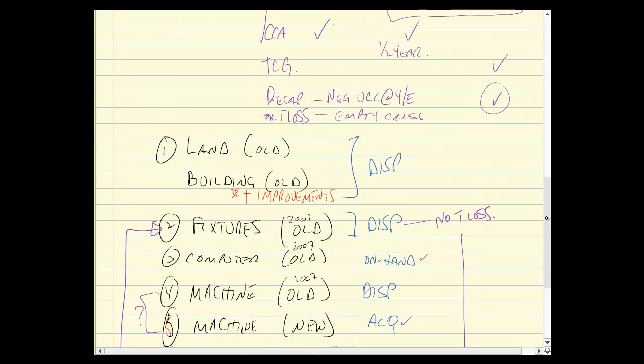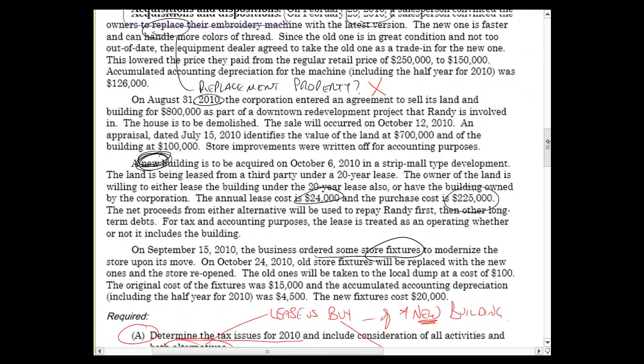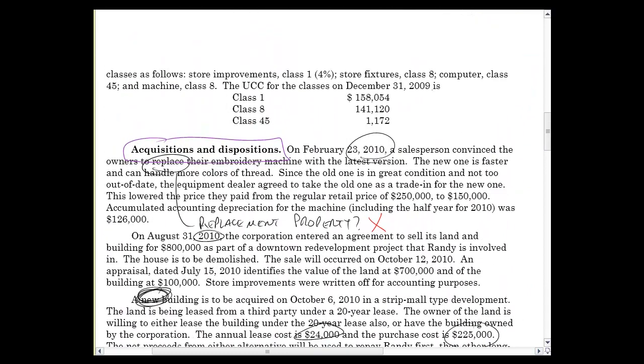Okay, so let's do that here. So CCA. Let's start with the easy one, the computer. The question tells us that the computer is in class 45. Okay, we don't question that.